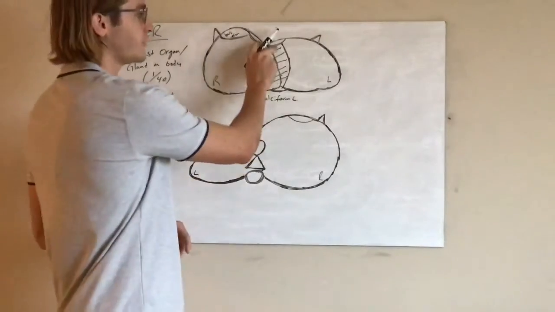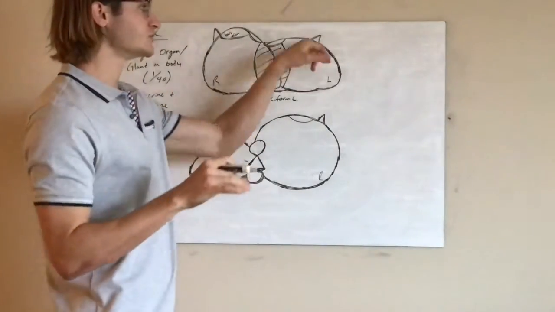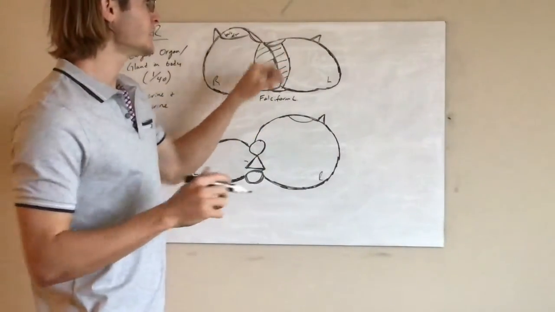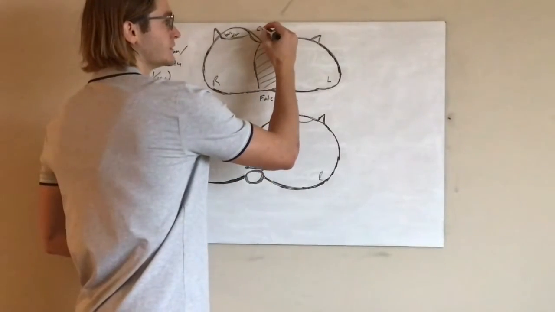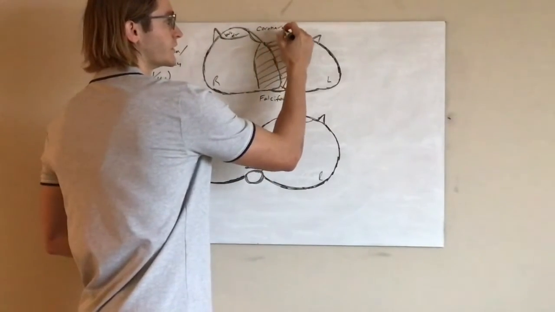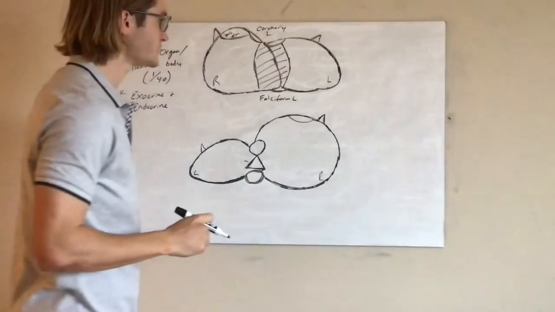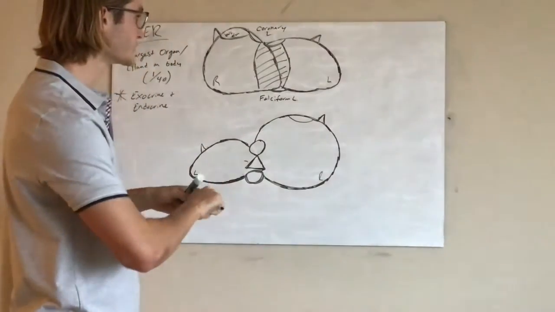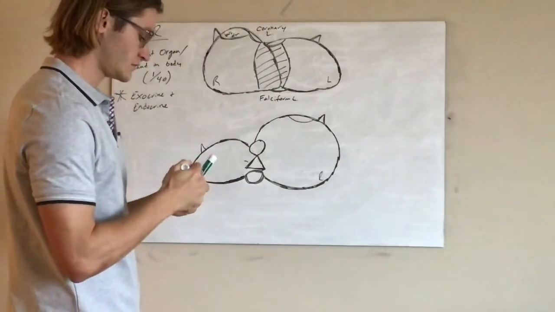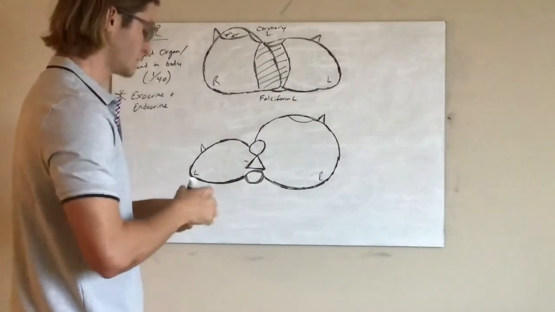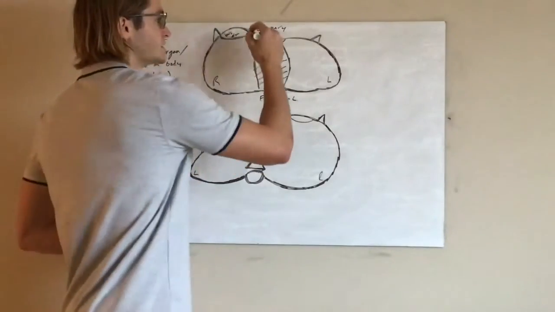Then on top of the falciform ligament, in between the triangular ligaments, which I'll get to in a bit, you'll have the coronary ligament. I'm going to draw that in green. The coronary ligament sits right on top.